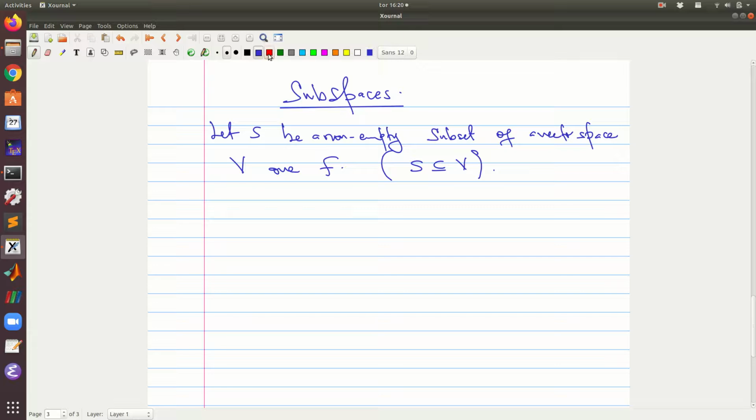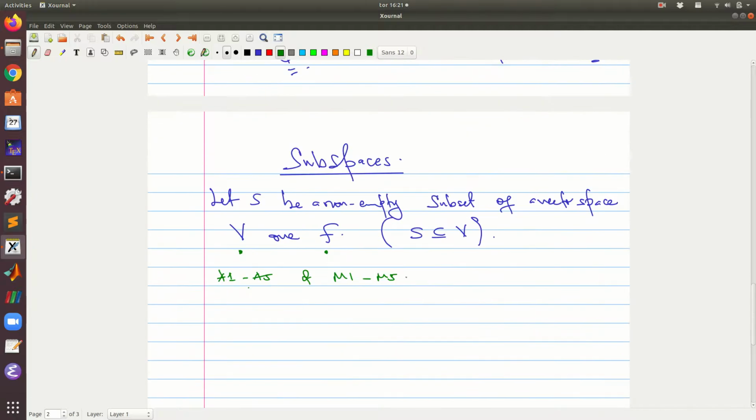Remember, we said that V is a vector space over F if it satisfies the properties of vector addition, that was A1 up to A5, and scalar multiplication, that was M1 up to M5. Were they 5? Yes, they were 5.